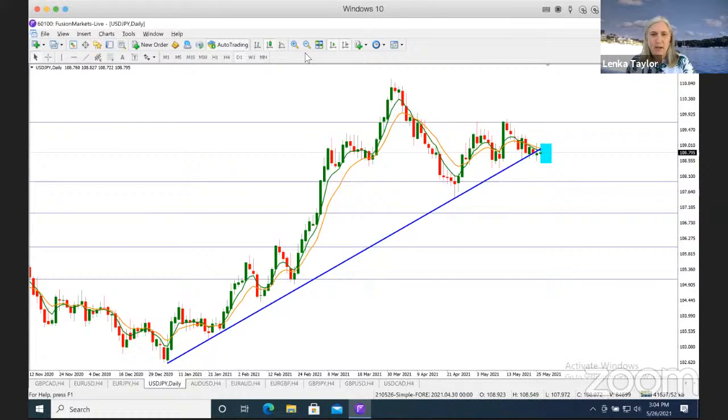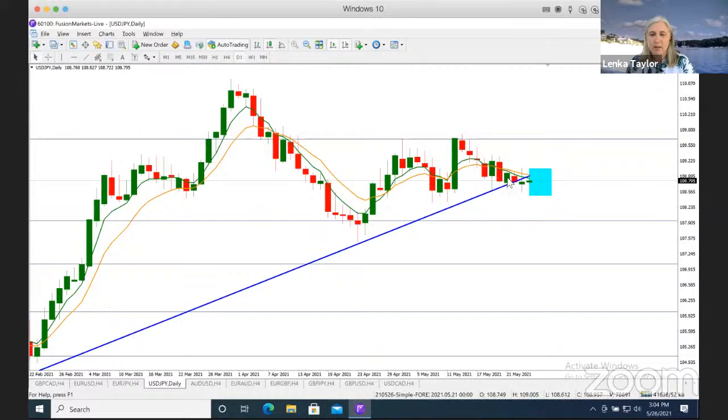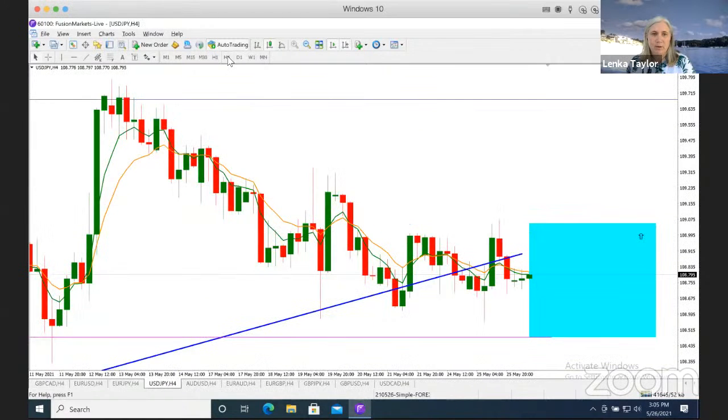On the daily, we had a price action quite close to the trend line with an inside bar followed by a bullish engulfing. So looking to see what the price is going to do now. On the 4-hour chart for the entry, I'm looking for a very strong reversal in this area.